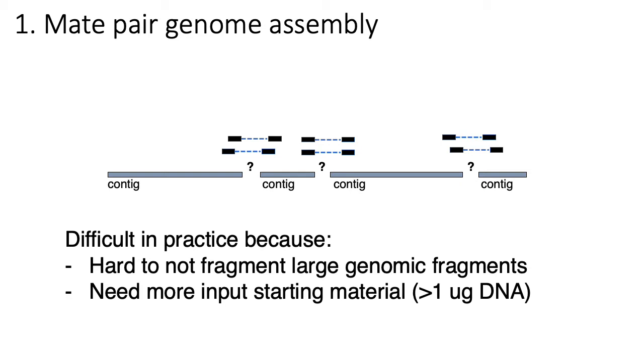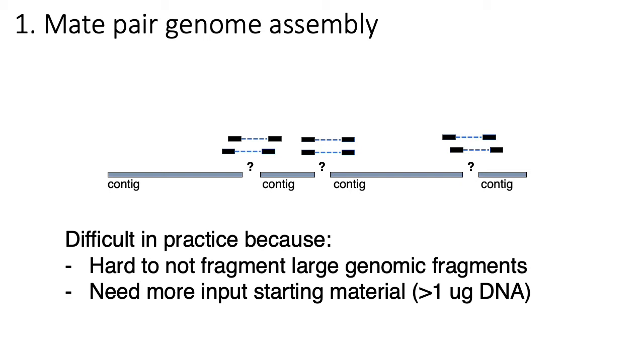If you have a mate pair where one read sits in one contig and the other member of the pair sits in another contig, then because you know the distance between that pair of reads, you have an idea of how far apart physically the 2 contigs are.